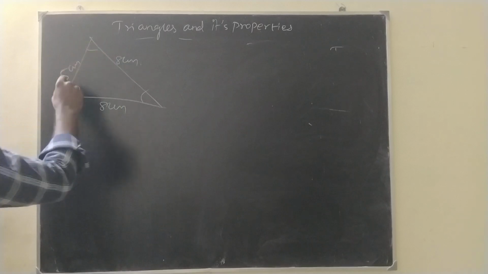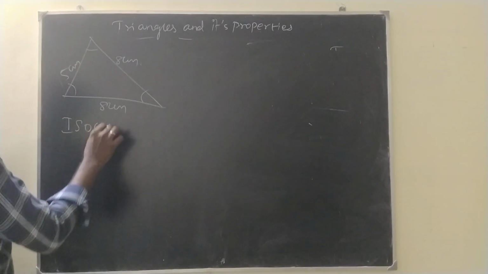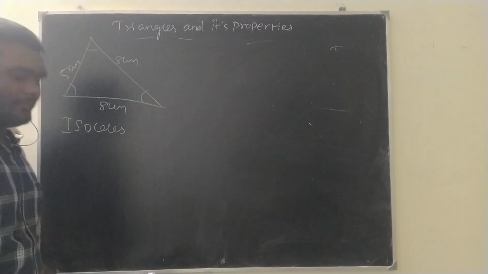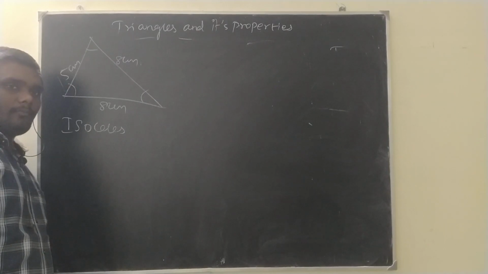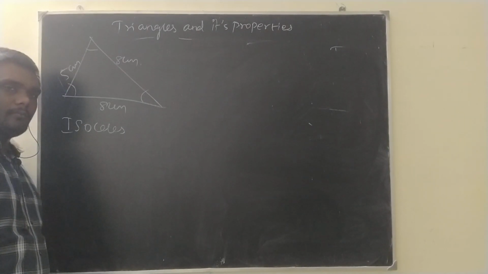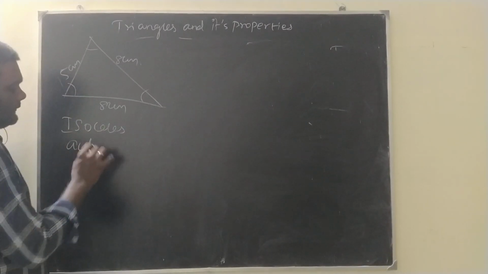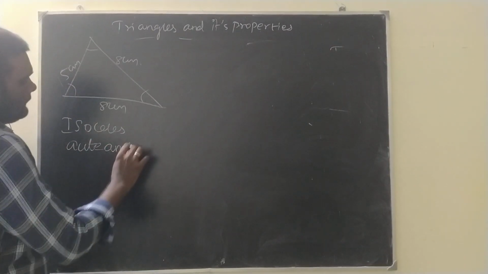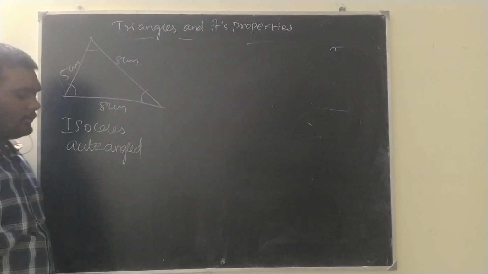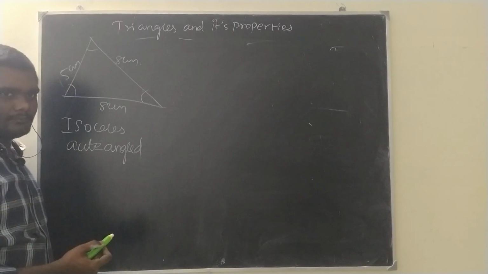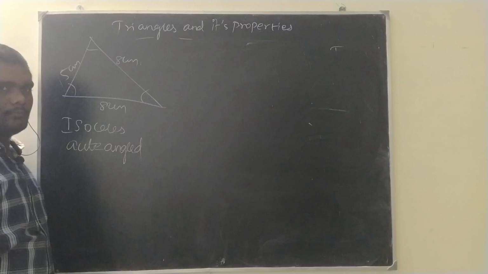What? Isosceles. Someone said scalene. Okay. And based on the angle, this is acute angled. How do you say all the angles are less than 90? Because we know how an obtuse angle will look. It will be way broader than this. Okay.